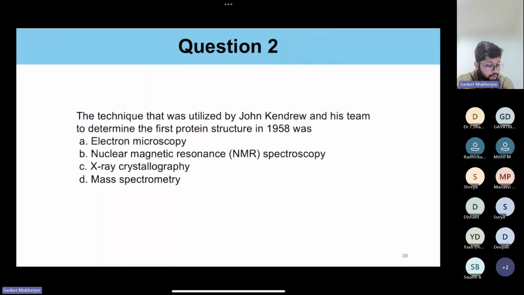The technique that was used by John Kendrew and his team to determine the first protein structure in 1958 was electron microscopy, nuclear magnetic resonance, X-ray crystallography, or mass spectrometry. Anybody would like to answer?